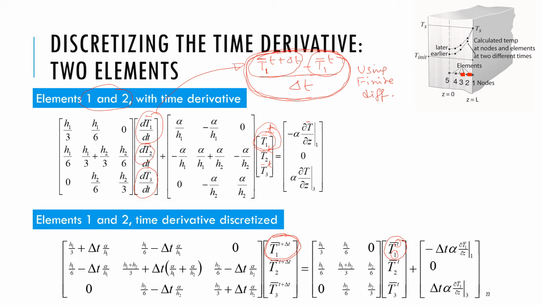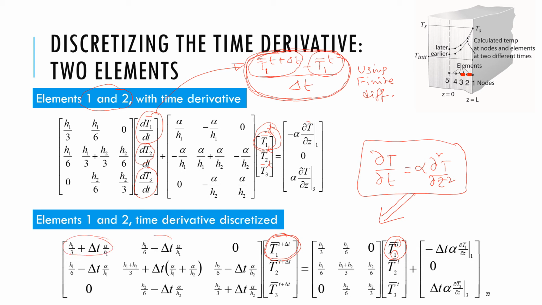So you notice something really big has happened. We started off with the heat equation, del T by del t equals alpha del square T by del z square. We didn't go through the series solution or some other analytical solution procedure, but we converted it, like we wanted to, into algebraic equations.